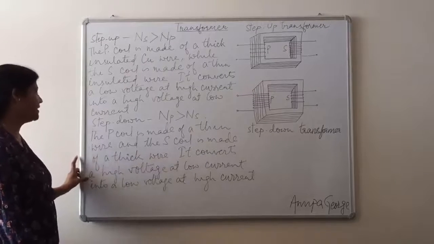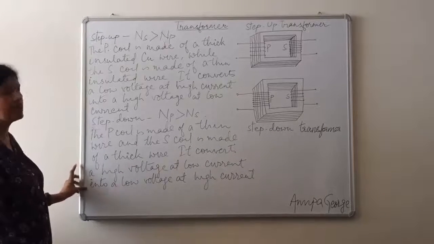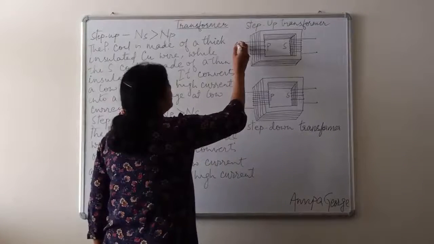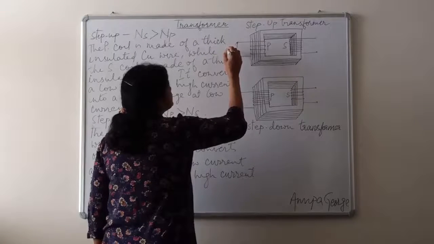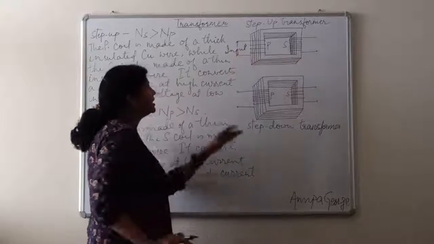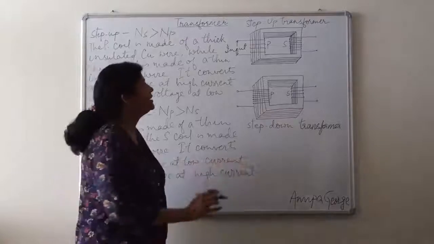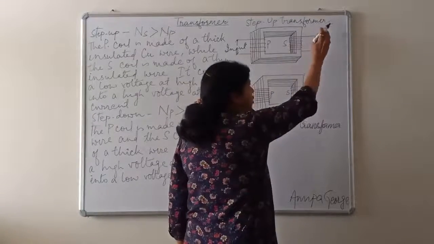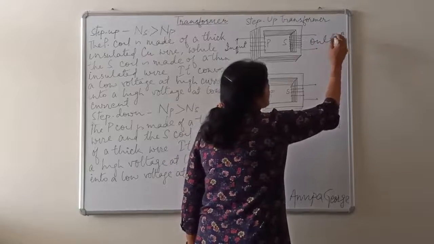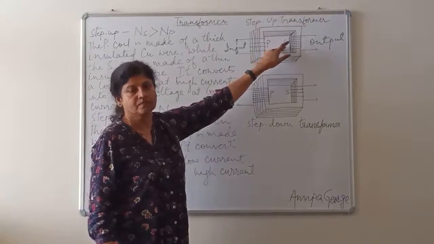It converts a high voltage at low current into a low voltage at high current. The AC source or input is supplied across the primary coil and we get transformed signal or output across the secondary coil.